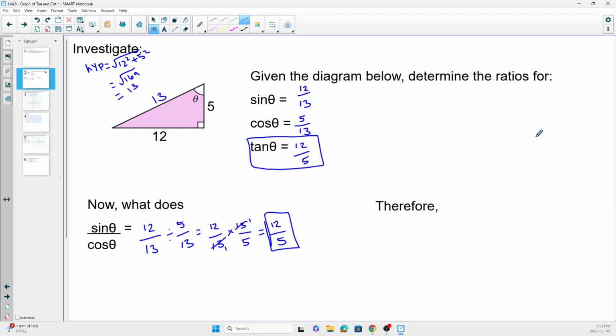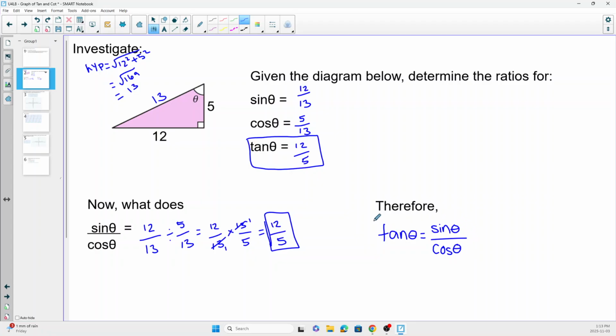So, therefore, and in Unit 5 we're going to look at trig identities, and this would be your first trig identity, and you should already know this, but just as a recall: tan theta is equal to sine theta divided by cos theta.